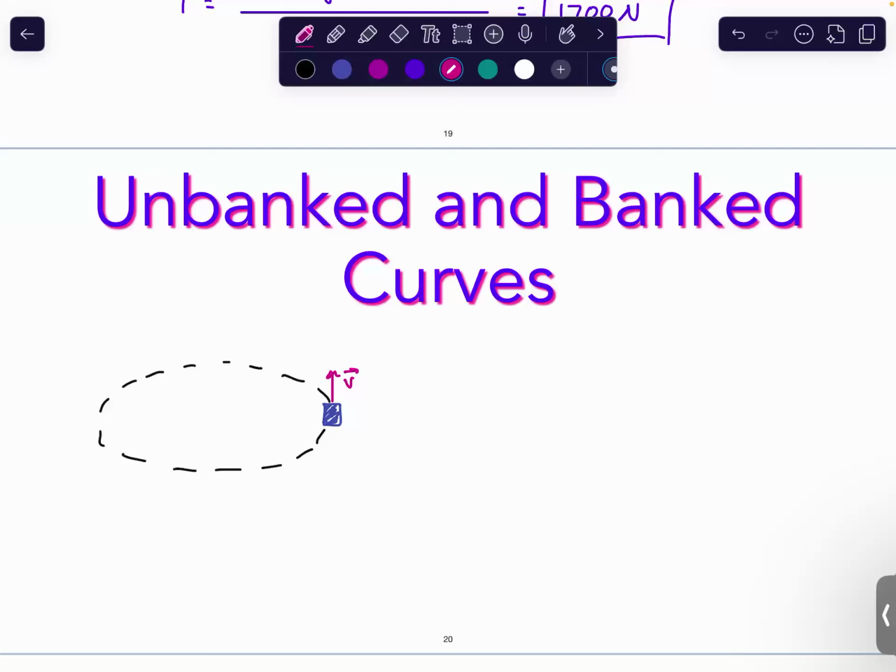So you're just on flat ground. You still have your linear velocity, but you're moving in a circle. What force is keeping you in that circle? Centripetal. Yes. What is the centripetal force in this situation?